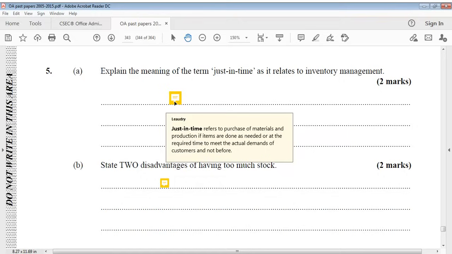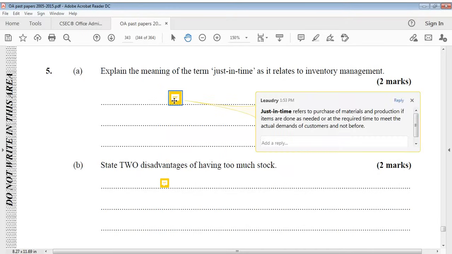Explain the meaning of the term just in time as it relates to inventory management. So what's just in time?